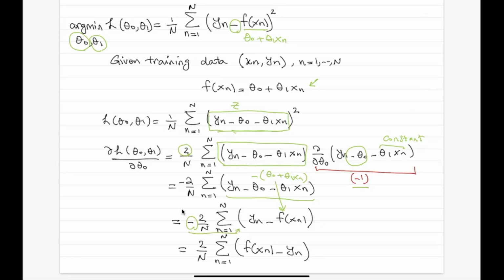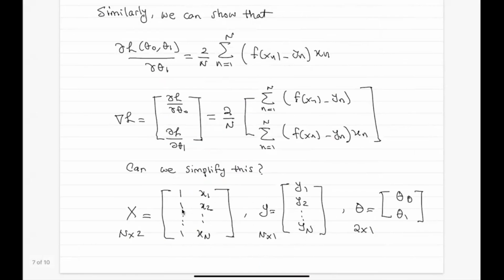So in this case, the final result is 2 over n, summation from 1 to n of the predicted values minus true values. That's something important to remember. These are our predicted values, yns are our true values, and this is the partial derivative with respect to theta 0.